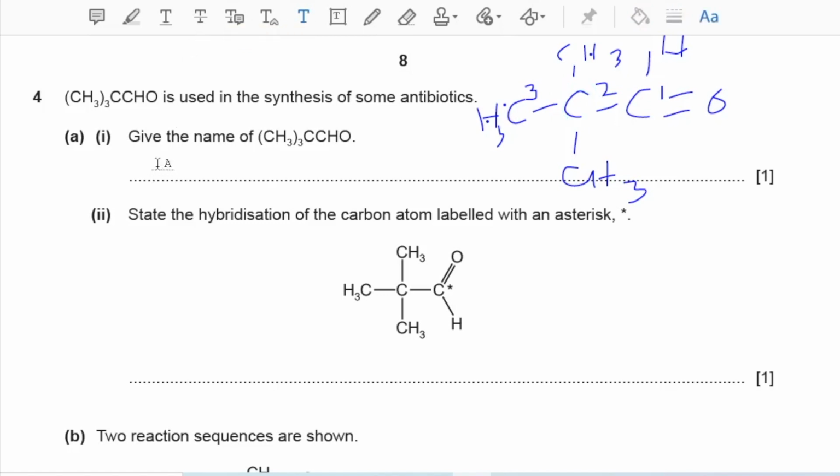So I'll write 2,2-dimethylpropanal. Since I've got 2,2-dimethyl means on second carbon atom I've got 2 methyl groups attached to it, and propanal, prop comes from my straight chain having 3 carbon atoms. Anal comes from the functional group CHO.